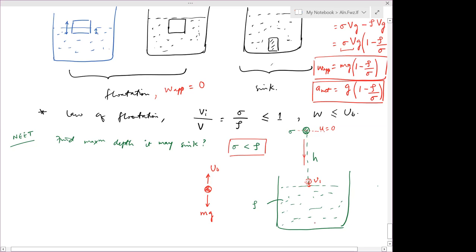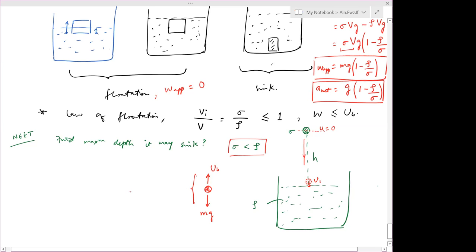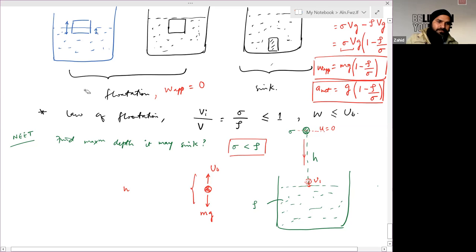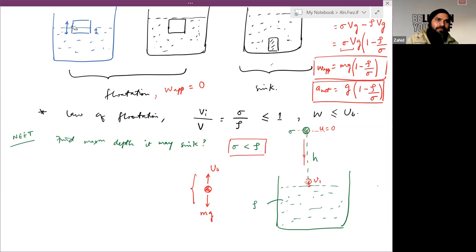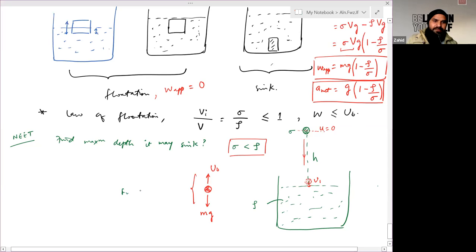So from this, we can find the net force acting on this particular body in this viscous medium. So F net equals buoyant force minus weight of object. Now, we can write this as density times volume times gravity minus density times volume times gravity.